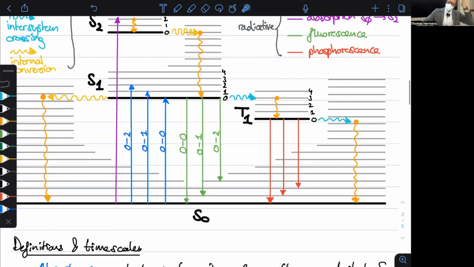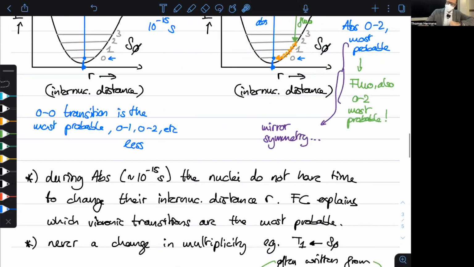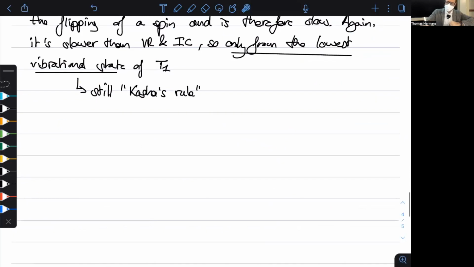Okay, let's go to some more practical things. And that's this mirror image effect. We were talking about this mirror image effect. So what is this?